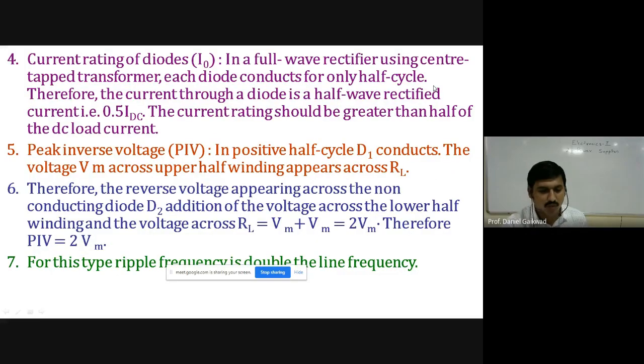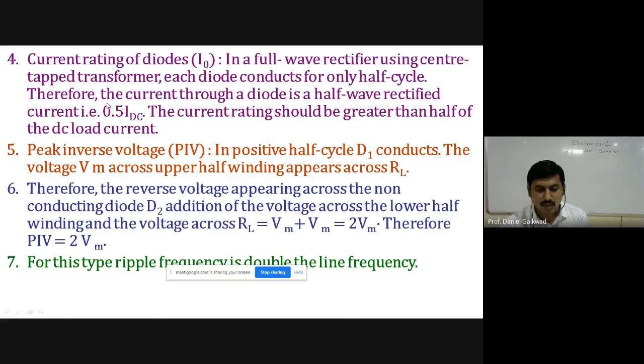Okay. Now we have the important part, the current rating of the diode. So we have the same description as that of the half wave rectifier. In a full wave rectifier using a center tap transformer, each diode conducts for only half cycle. Therefore, the current through the diode is a half wave rectifier current.